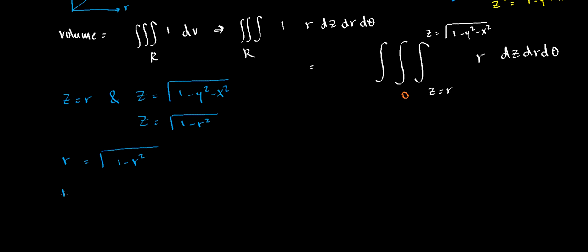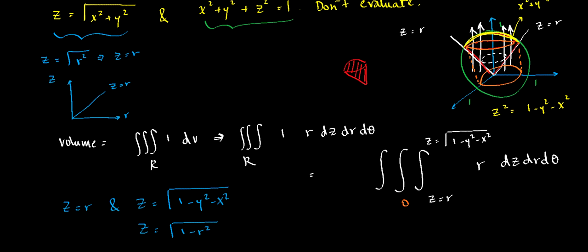I'm going to square both sides, so I get r squared is equal to 1 minus r squared. So 2r squared is equal to 1. I'm going to divide by 2 on both sides. I'm going to get that r squared is equal to 1 over 2. Therefore, the value of the radius is 1 over square root of 2.